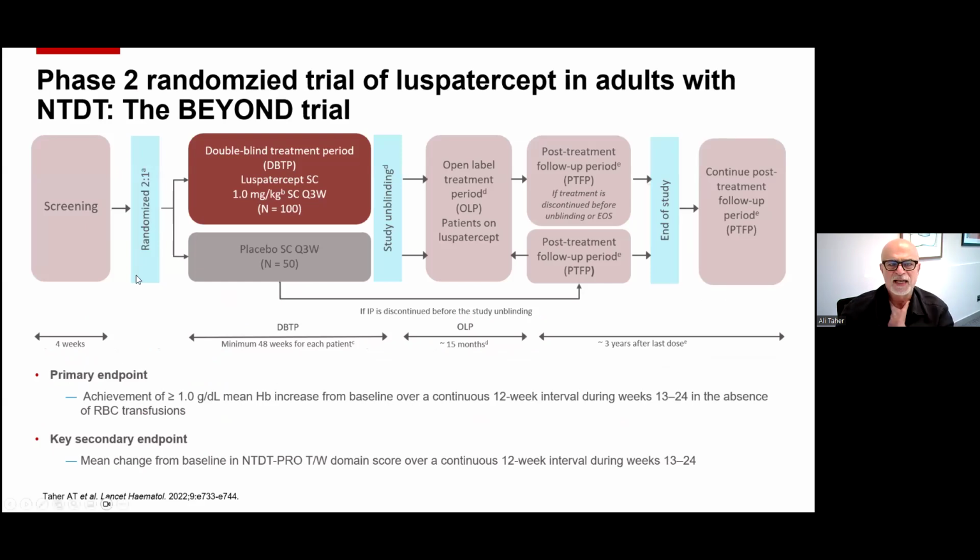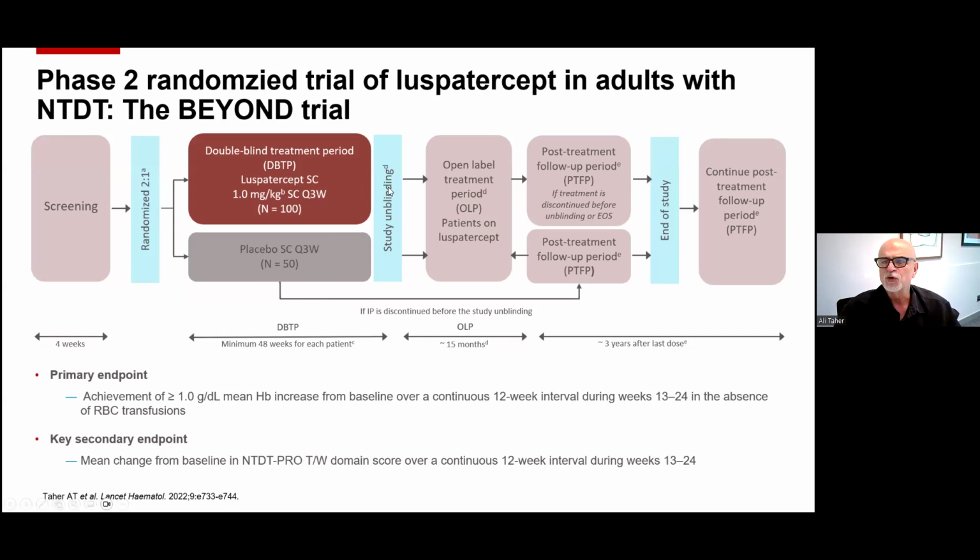After screening, randomized, double-blind, luspatercept 1 milligram per kilogram, around 100 patients, around 50 on the placebo, minimum 48 weeks, then crossover, and the patients will enter the long-term follow-up.